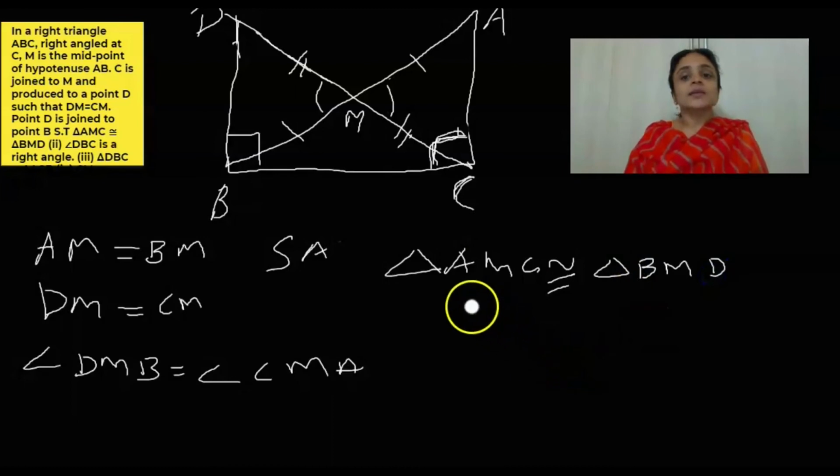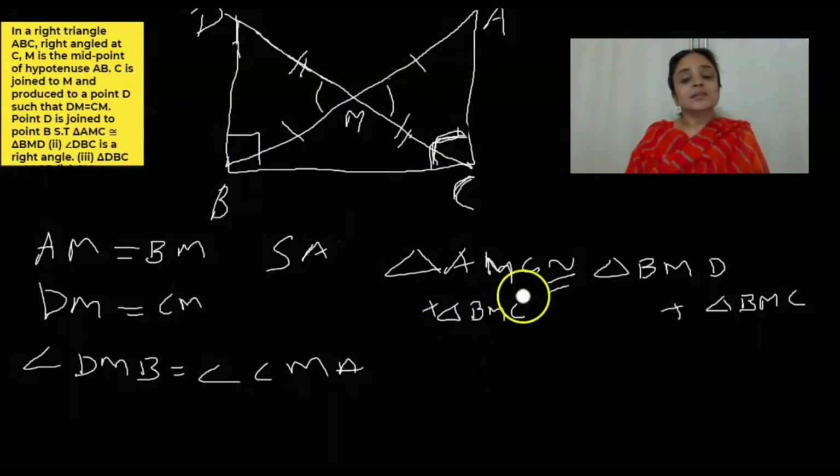To prove that these two triangles are congruent, we have got that triangle AMC is congruent to triangle BMD, right? So when you add triangle BMC to both, it is the same, right? So this is also congruent. And what is triangle AMC plus triangle BMC? It is triangle ACB.